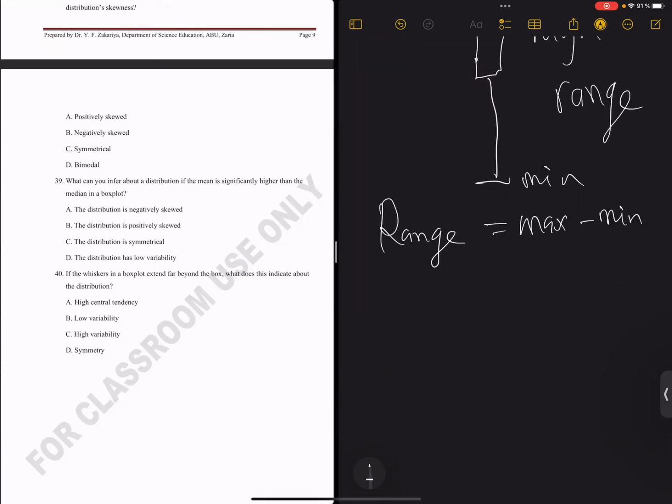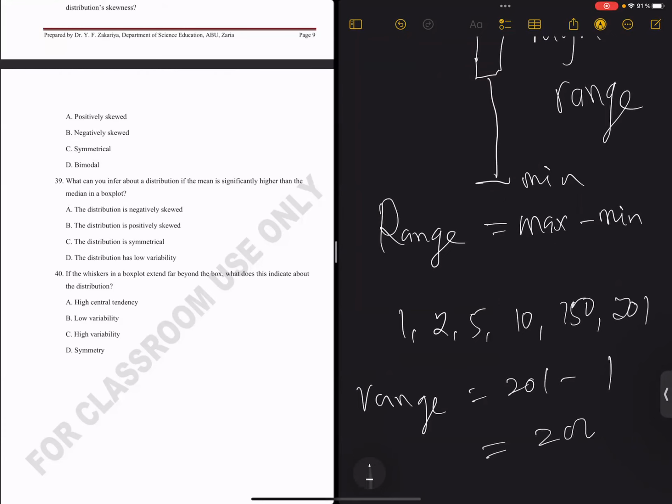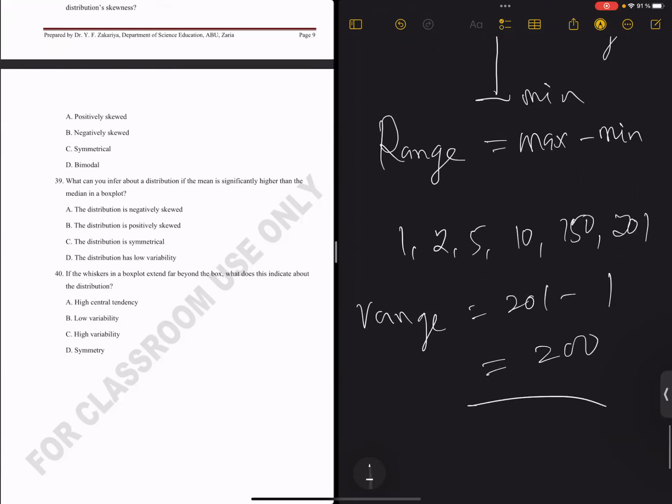Yes, because you have this data set: 1, 2, 5, 10, 150, 201. What is the range? The range is 201 minus 1, which is 200. The range is high. It's telling you that the data set will have high variability. As you can see, from 2 it jumps to 10, and from 10 it jumps to 150.